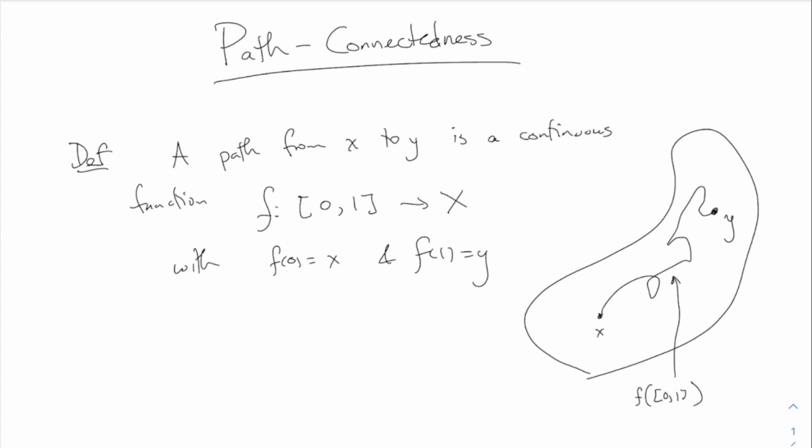When you plug the interval into f as a function, it gives you this set. You could say this set is the path, but we will see later on that it's much more convenient to think about the path purely abstractly, as that function. All right, that's what a path is.